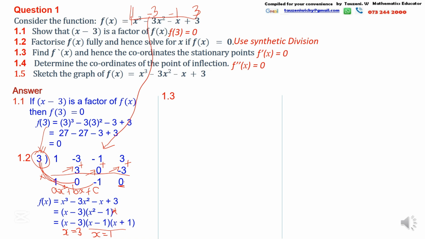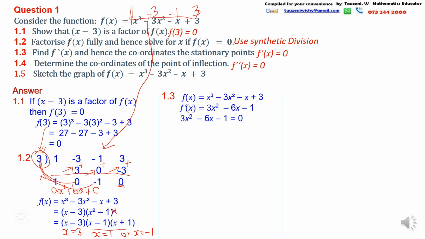And the next bracket gives us x is equal to negative 1. Now we are left with number 1.3, which says find the derivative of f of x and hence the coordinates of the stationary points. We know that the coordinates of the stationary points come from equating the derivative to 0.